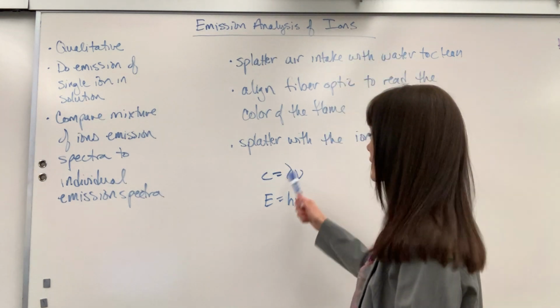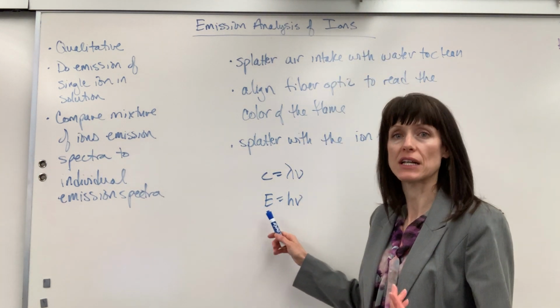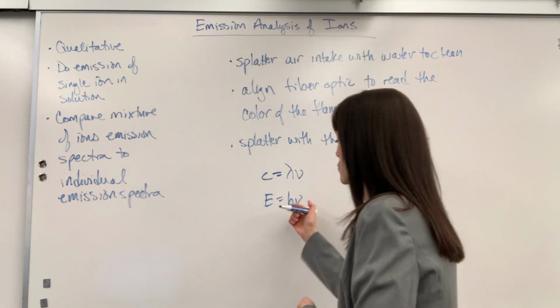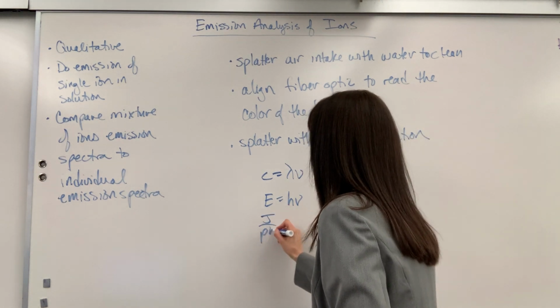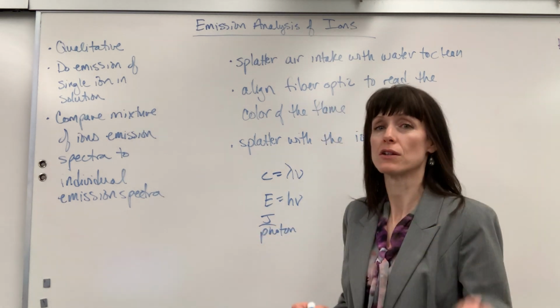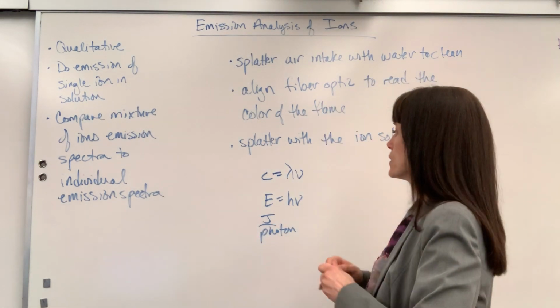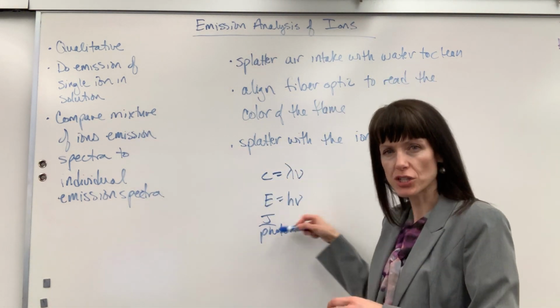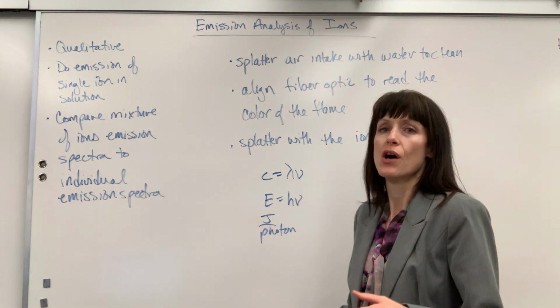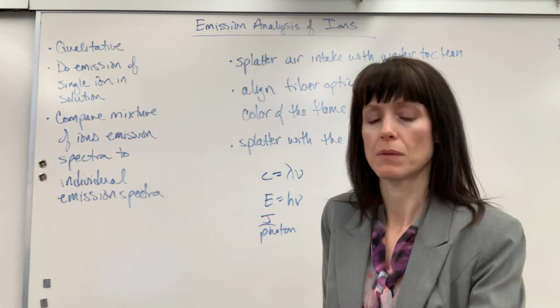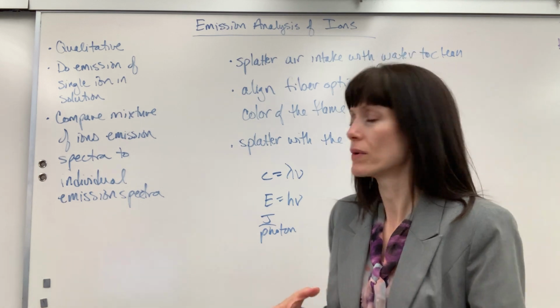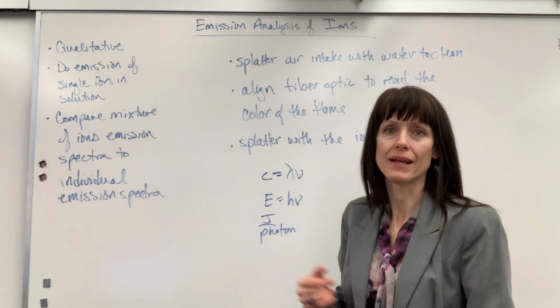You know the wavelength, and so then they ask for energy. And they could ask for energy in, remember this is joules per photon, or they could press you and ask you for the energy in kilojoules per mole. So if you need a refresher on that, I'm going to include 2 videos for the follow-up questions that could be asked on this lab, all dealing with the 2 formulas for light and energy.